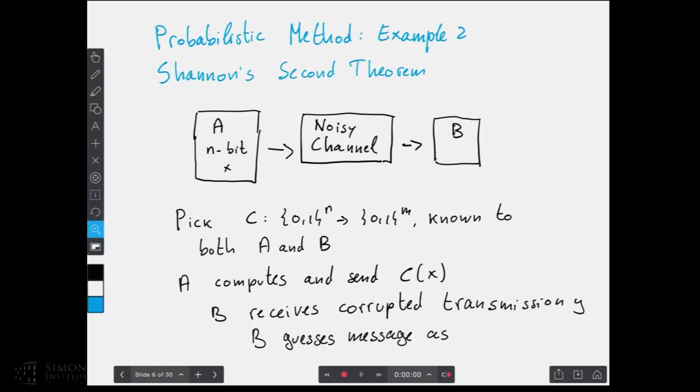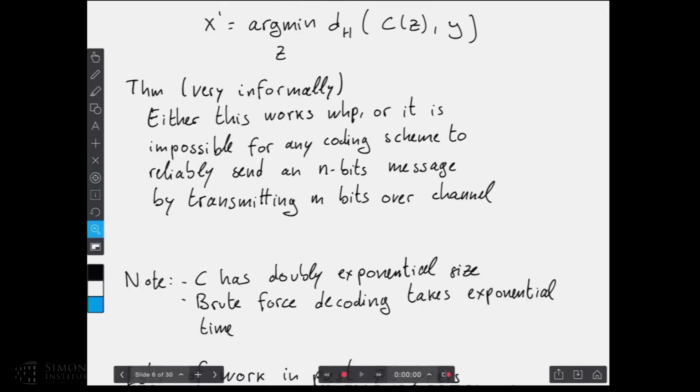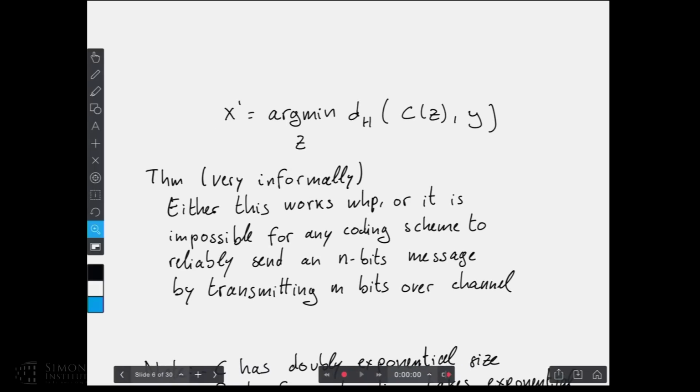So Shannon was able to prove that either this works with high probability, or, I hope the information theorists that see this will not be too upset at this sloppy formulation, roughly what he proved was that this method, in which the encoding is chosen randomly and known to both parties, and then the decoding is whatever seems most likely given those choices, either works with high probability, or there is no encoding at all that, with sending m bits over the channel, will be able to safely communicate n bits.